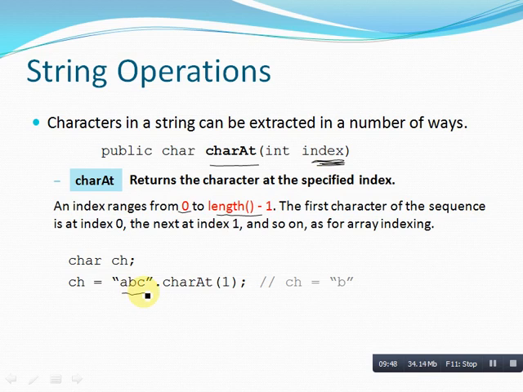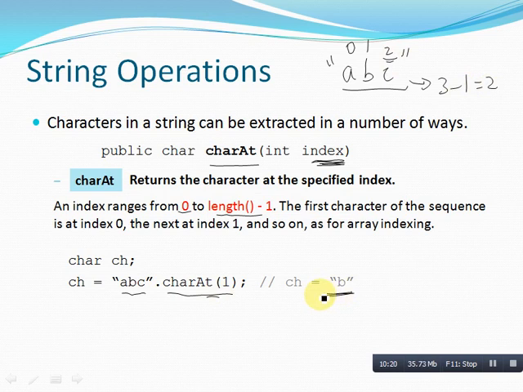We say abc.charAt(1) will return B. Why? Because in the string ABC, the index of the characters starts from 0 to length minus 1. That is 0, 1, 2. 2 is length minus 1. What is the length of this string? It is 3. 3 minus 1 is 2. So if you say charAt 1, then the result is B.